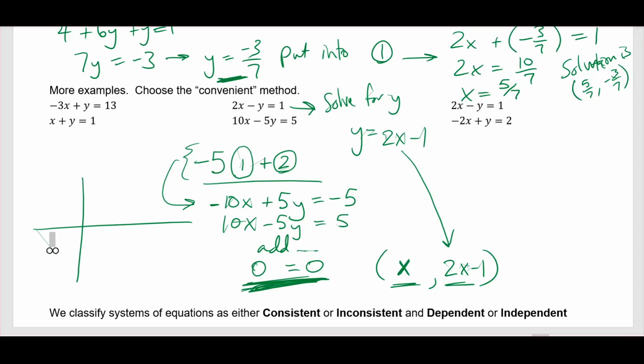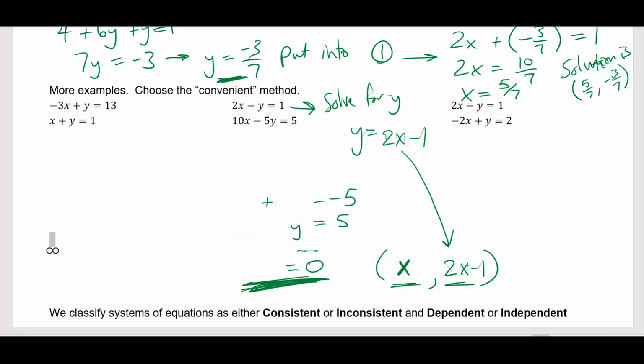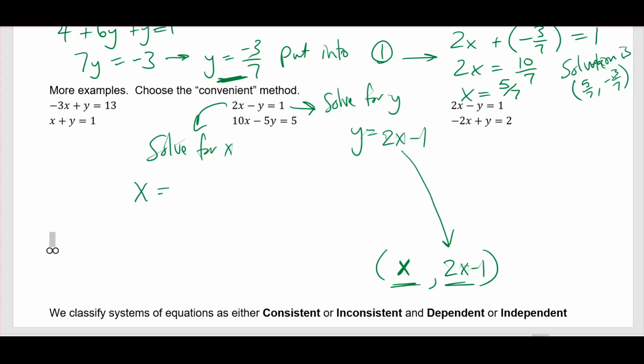We could have just as easily done this with the y instead. So just to be clear about what I'm saying here, if we instead solved for x, x would be, add y to both sides, so we got 1 plus y, and then divide both sides by 2. So there you go. Now I can write my ordered pair as y, and now I choose anything I want for y, and then the x value is going to be that one.